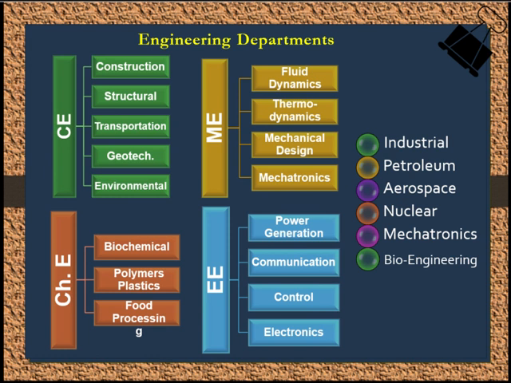Some which are not mentioned here are telecommunication engineering and computer engineering. Some universities have architecture engineering, automotive engineering, petroleum engineering, marine engineering, aircraft engineering, space engineering. These are just a few which are already in UOB.